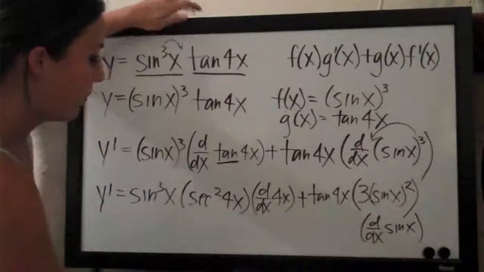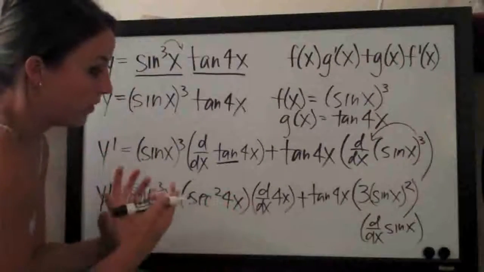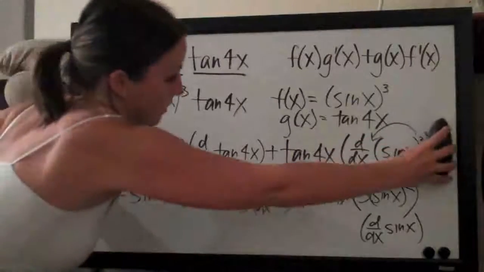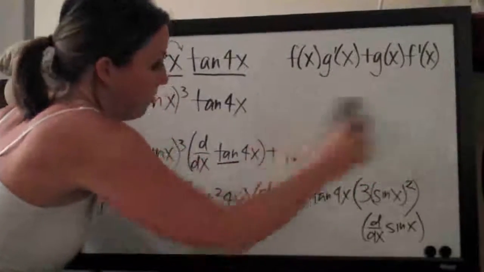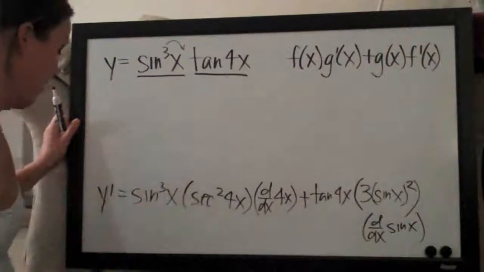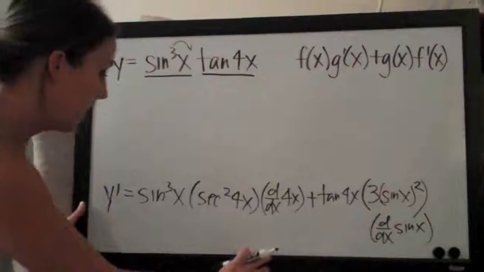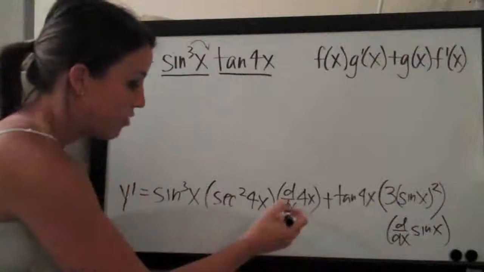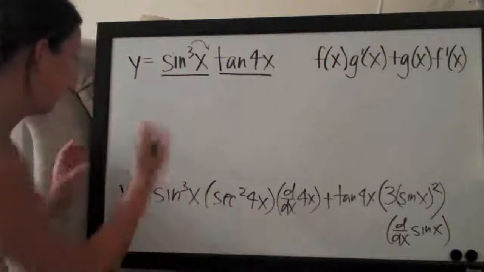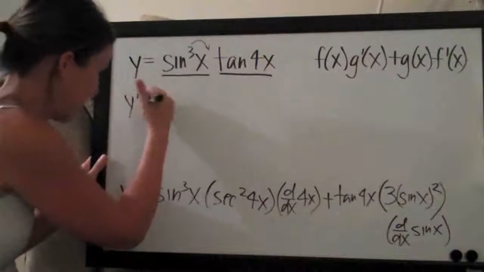I hope you can see how we've been working from the outside in. Let me erase all this stuff that we don't need anymore. Working from the outside in, we still need to multiply by the derivative of 4x and by the derivative of sine of x. So let's rewrite this up here.